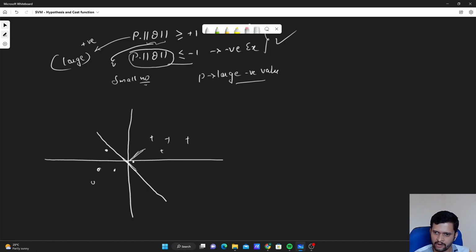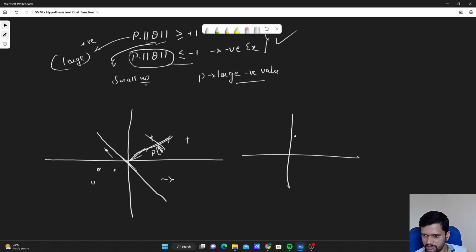We have to come up with a large margin such that the margin between the positive and negative examples is maximum. With this decision boundary, the projection of this, theta transpose x, when projected onto theta, is very small, right? So this decision boundary will not be suitable for a support vector machine.